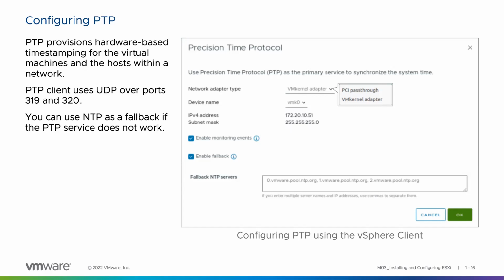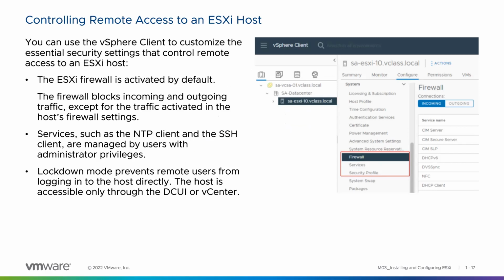So PTP configuration. Here's your firewall. It's on by default. All ports except for services that are running are going to be blocked by default. And then there's lockdown mode. I don't recommend lockdown mode. You can't log into the host directly. You can't open up an SSH and log directly into the system.